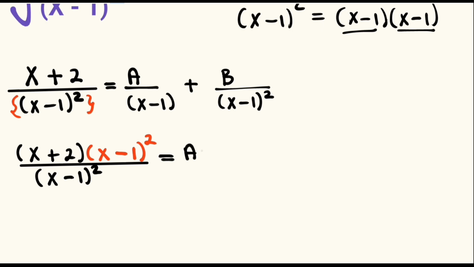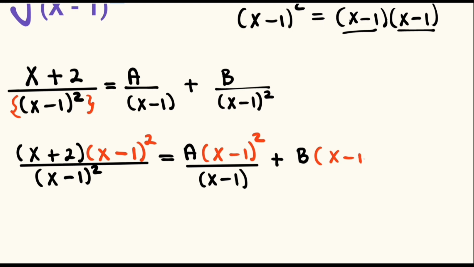So we multiply the right hand side with x minus 1 squared. The a was divided by x minus 1, plus b multiplied also by the x minus 1 squared, and the b is still divided by the x minus 1 squared.